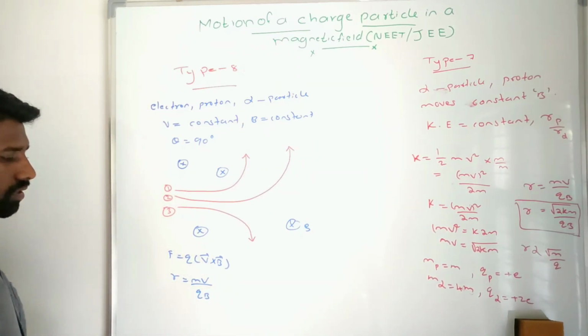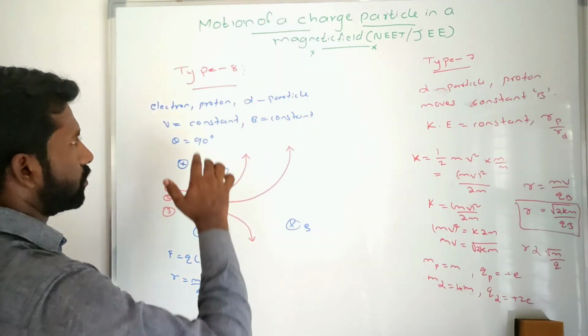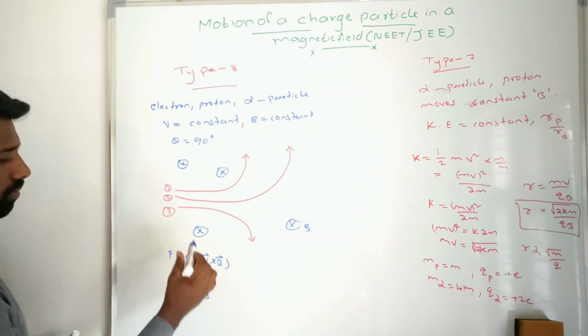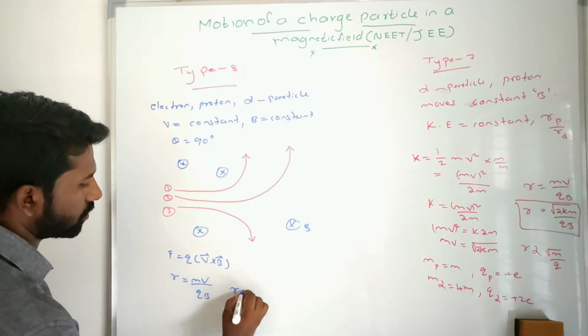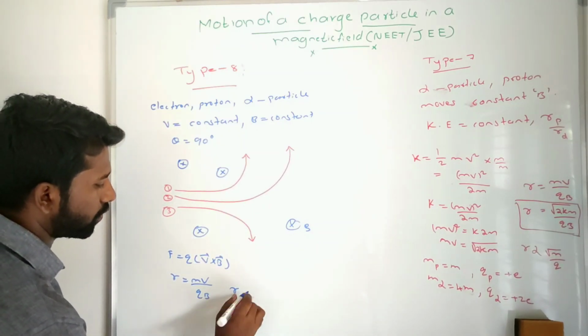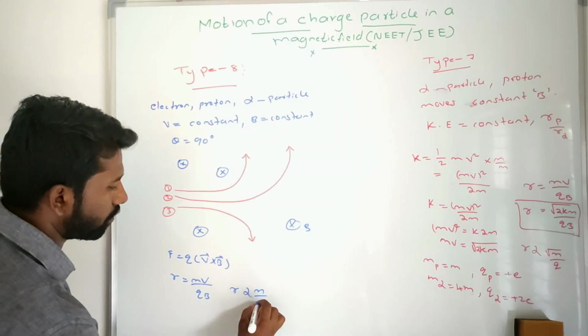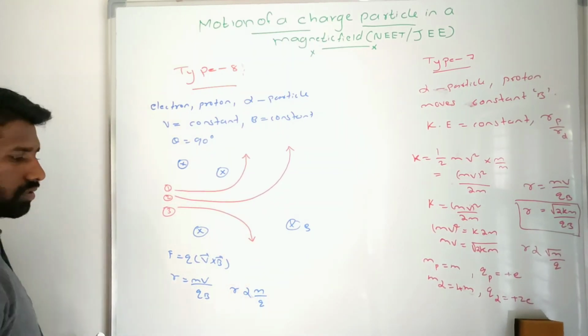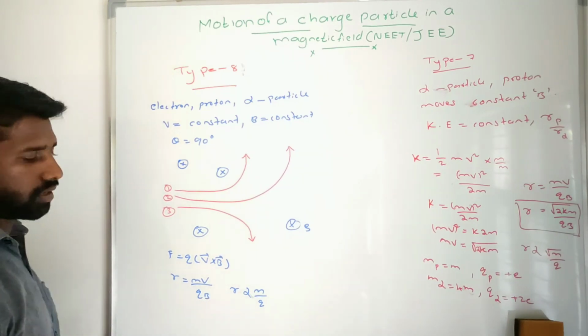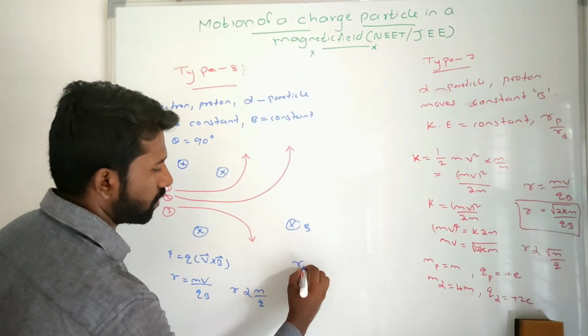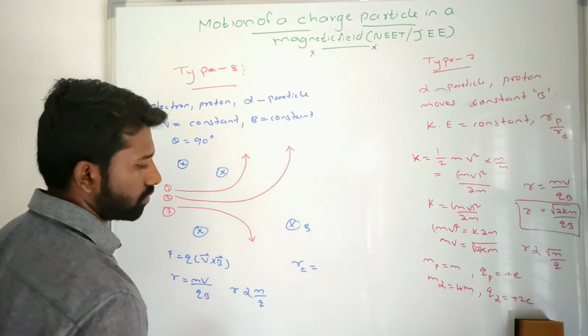Okay, so here what is constant? Velocity is constant, B is constant. Then what about the radius? R is directly proportional to m divided by qB. That means the one with greater m by q will have the higher radius. What is the radius of the electron?